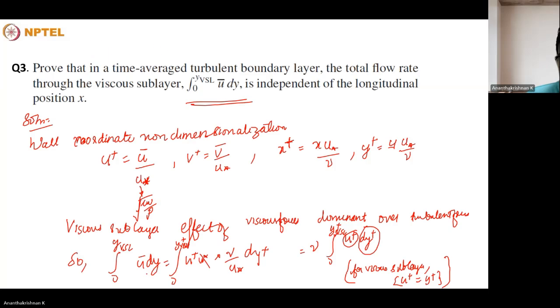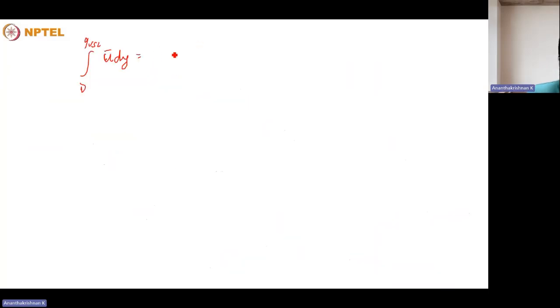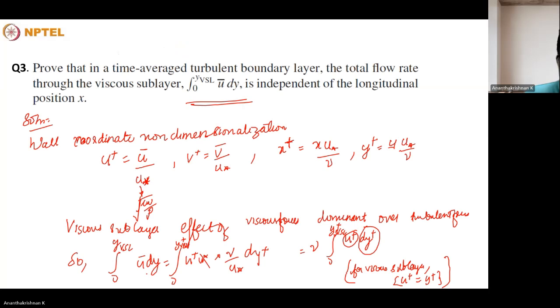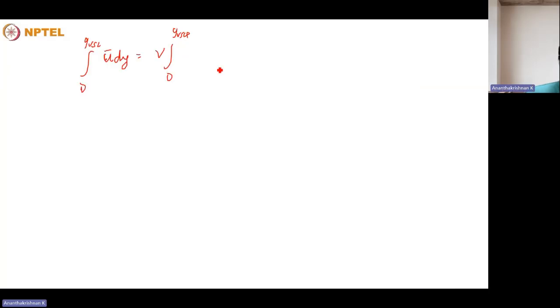Therefore, the integral of 0 to y VSL of u bar dy will be equal to nu times the integral of 0 to y VSL plus of y plus dy plus.